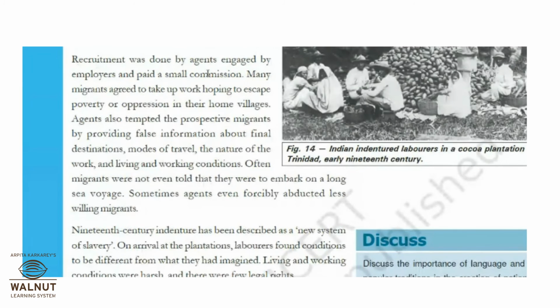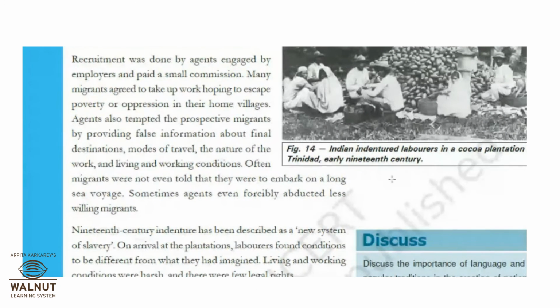Recruitment was done by agents engaged by employers and paid a small commission. Many migrants agreed to take up work hoping to escape poverty or oppression in their home villages.